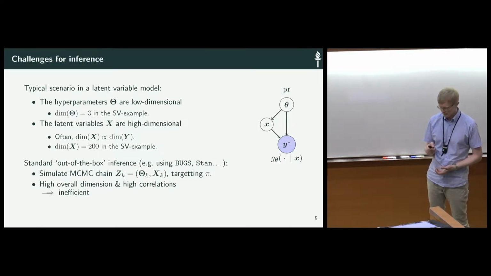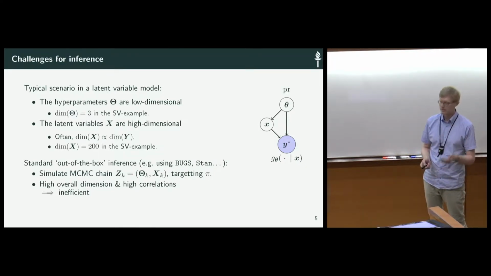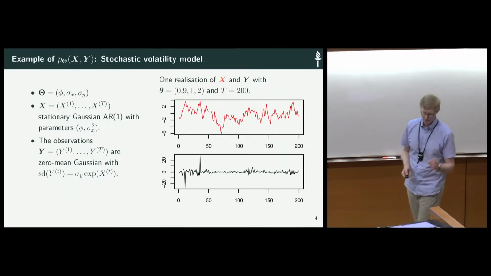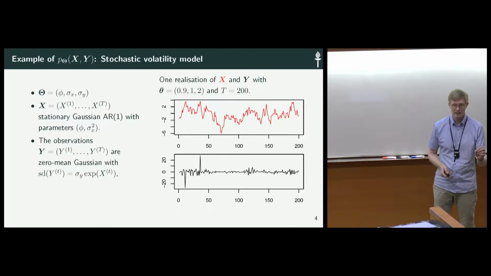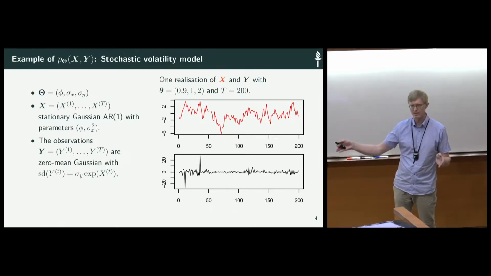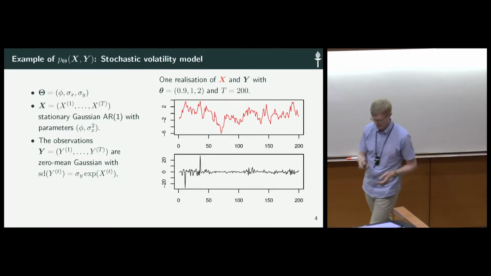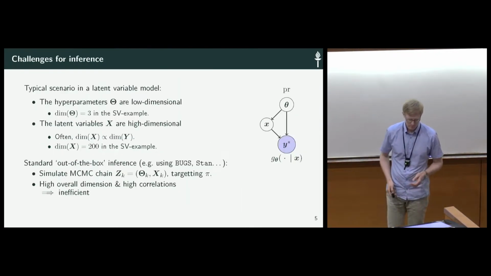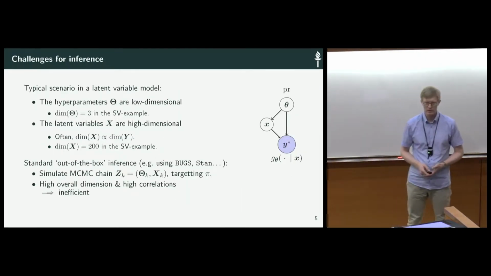In this case, each value of x is scalar, but the latent space is the whole sequence of x's of length 200 there. So that makes the distribution high dimensional.